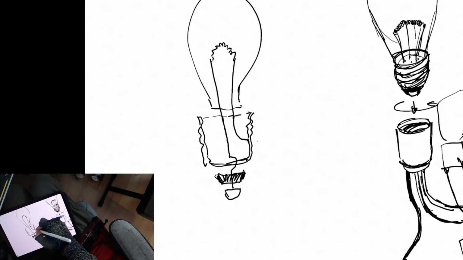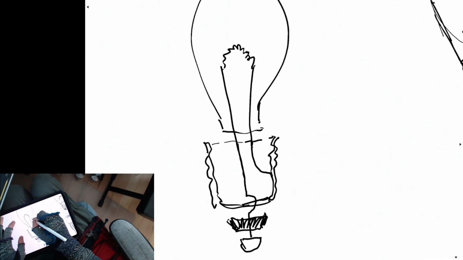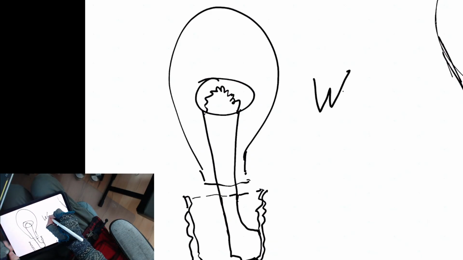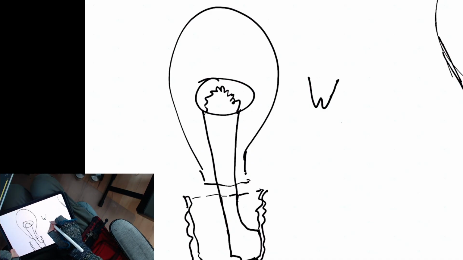And then I remember a bunch of other things. The filament is made out of a very special metal called tungsten. The elemental symbol for tungsten is W. I know that tungsten is mined from a mineral called wolfram.